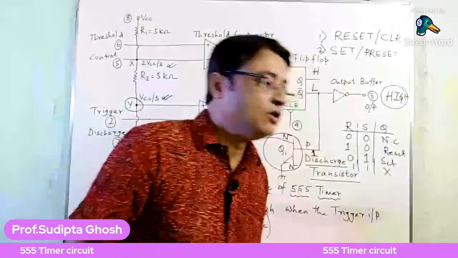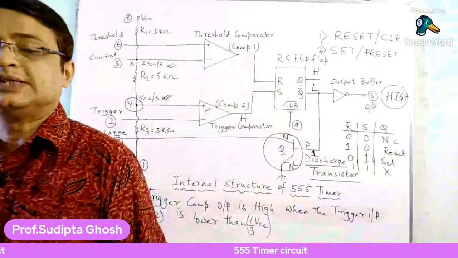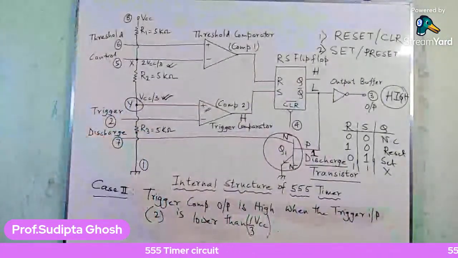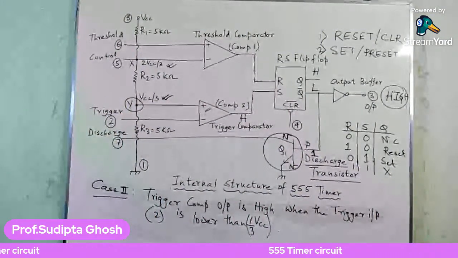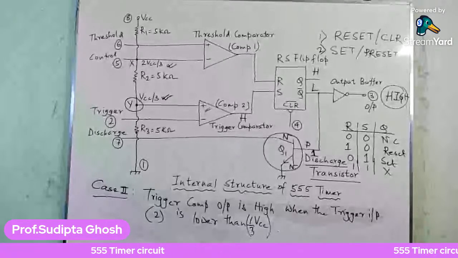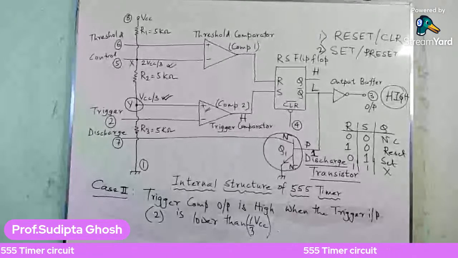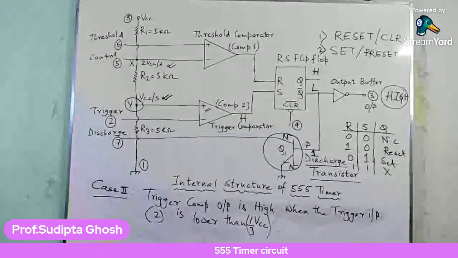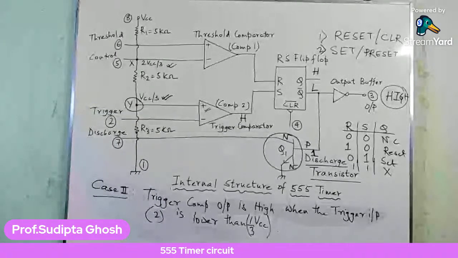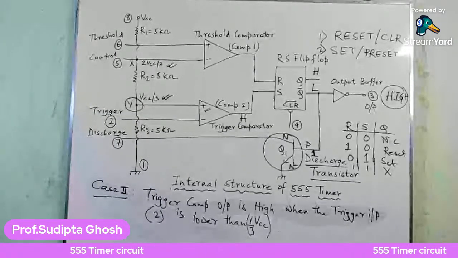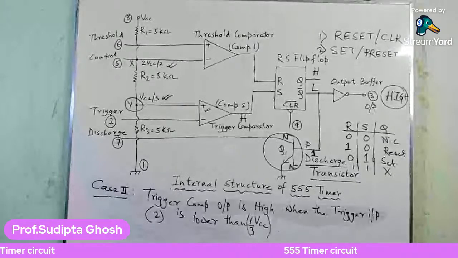What happens when the transistor Q1 is in cutoff mode of operation? Pin number 7 is not actually disconnected; you have to say that the discharge pin is virtually disconnected, because no current can pass through the transistor Q1. So pin number 7 is virtually disconnected.